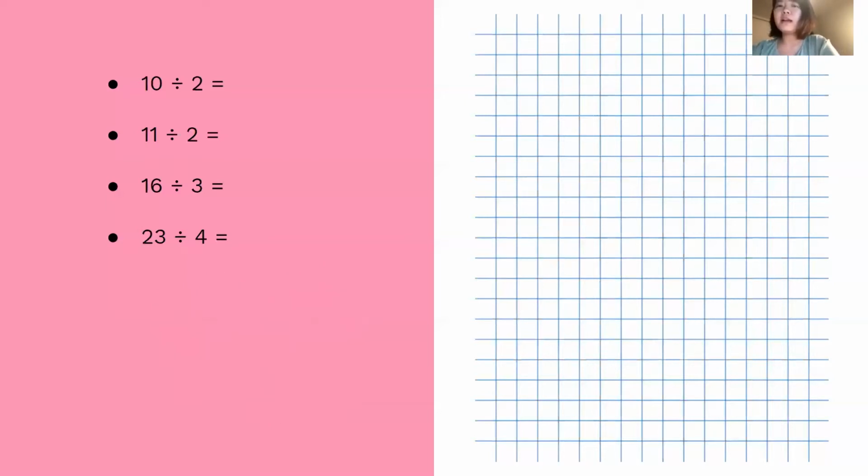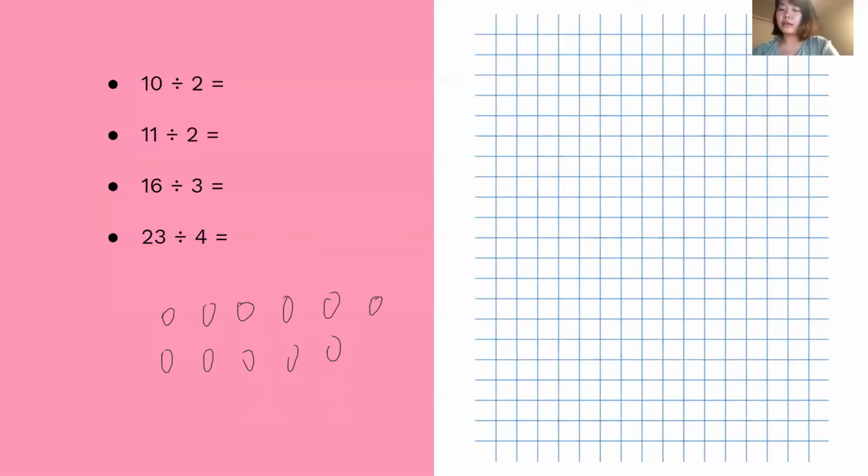And let's look at our second one, 11 divided by 2. So same thing, we draw the arrays first. We already know we need 2 for one group. So let's see how many groups we can get to 11. 1, 2, 3, 4, 5, 6, 7, 8, 9, 10, and 11.